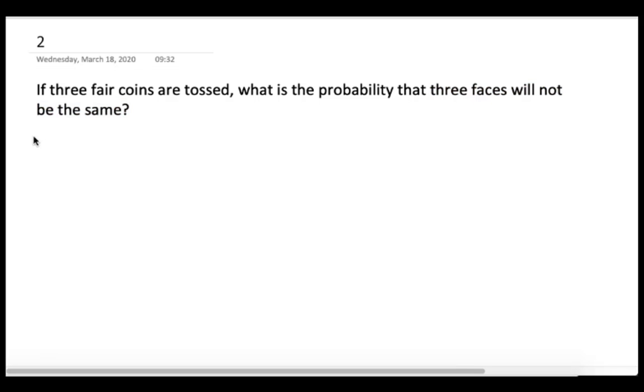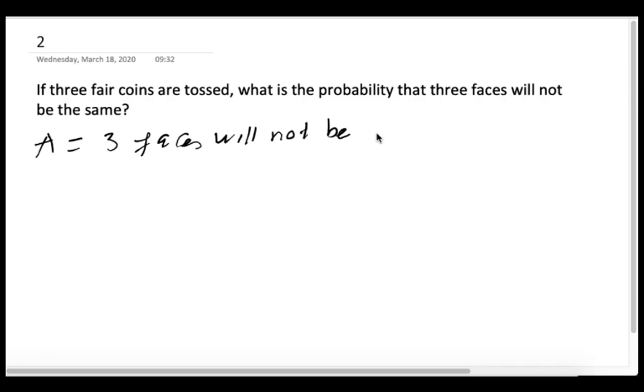So suppose that A is the event that 3 faces will not be the same. Then we had the word not, so you should think of the complement, and I want to find the probability of the complement A bar. What is the probability of A bar?